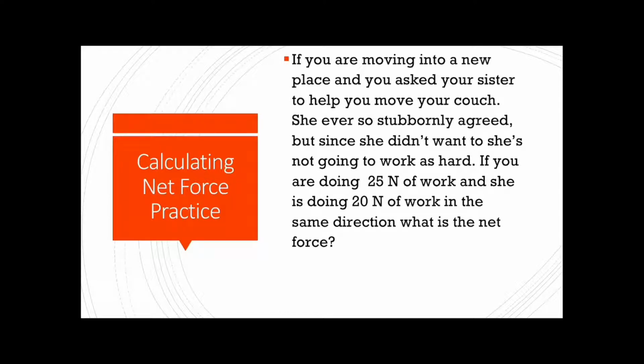Remember I said if you're moving in the same direction, you're going to add them together. So you're working at 25 newtons, your sister is working at 20 newtons. Well, your net force is going to be 45 newtons of work.